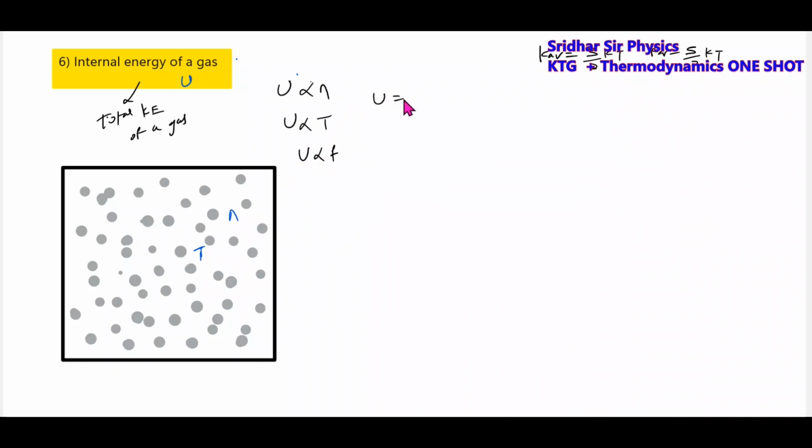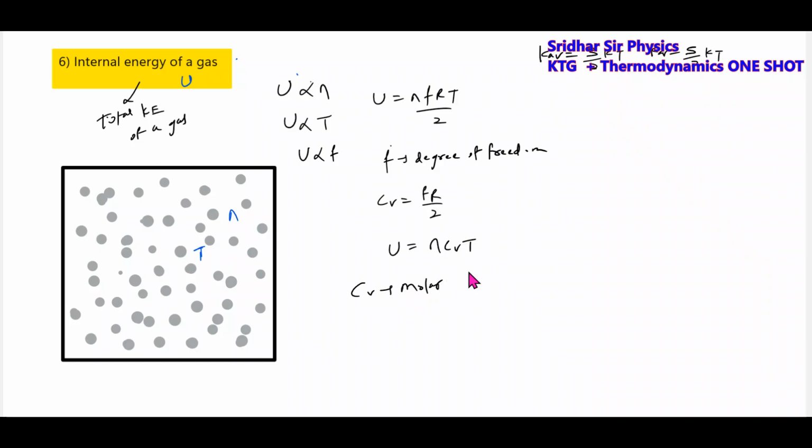So using all this, we'll write it like this: U = nfRT/2, where f is called the degree of freedom. This we'll write as Cv = fR/2. So this will become U = nCvT, where Cv is called the molar specific heat at constant volume.